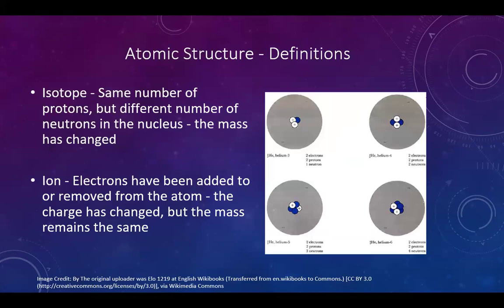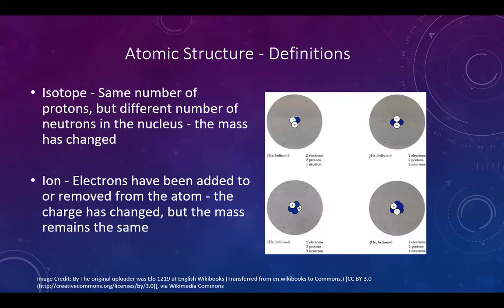So when we talk about atoms, we can talk about two different variations of atoms. What element you have is determined by the number of protons in the nucleus. So if there are 3 protons in the nucleus, you have lithium. There are 2, helium; 1, hydrogen.